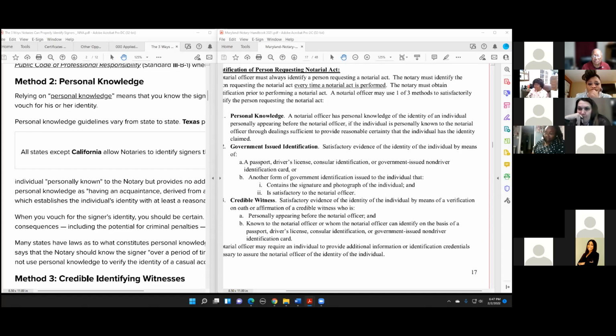But prior to 2020, it was not listed in the Maryland handbook. So before 2020, if my neighbor, whom I've been living next door to for 30 years, had come and asked me to notarize, I would have asked for identification. Now, I think I would do it under personal knowledge.